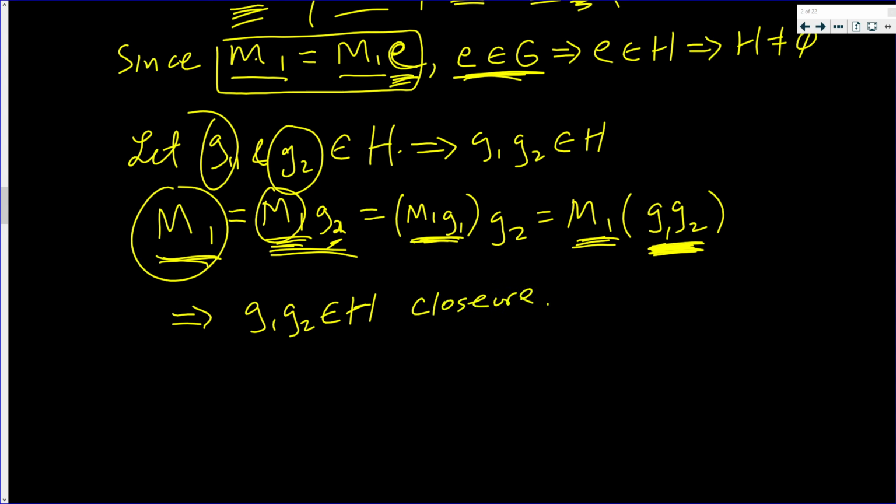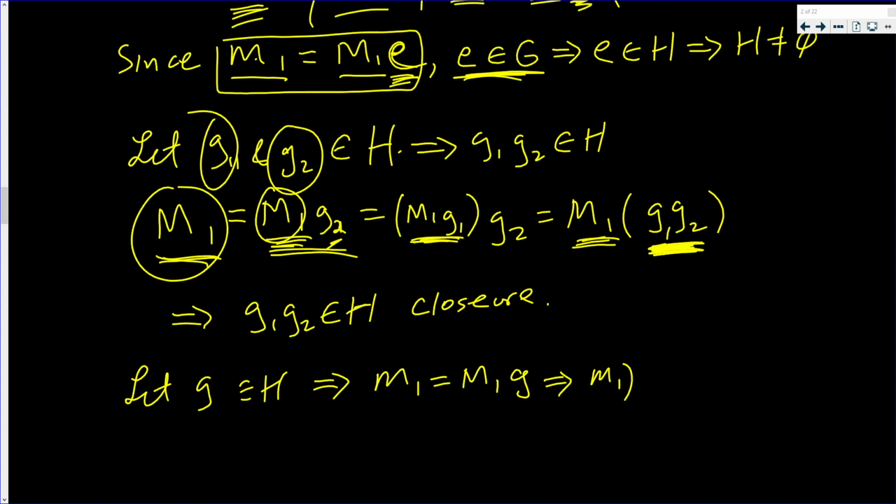Now, what about inverses? So, let G1 be in H. That implies that M1 is equal to M1 times G1. Well, this implies that M1 times G inverse is equal to M1 times G1 G inverse.